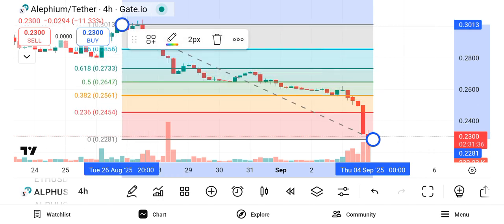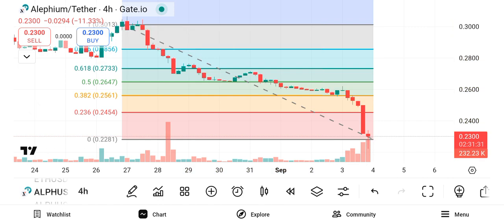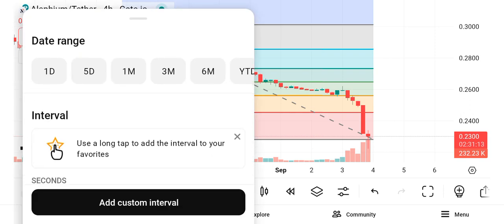So using Fibonacci retracement, we're expecting the price to retrace to a level of about 61.8, which is going to be around 0.27 in the long term. 50% is another crucial point, which is around 0.25. So now let's head to the daily chart.